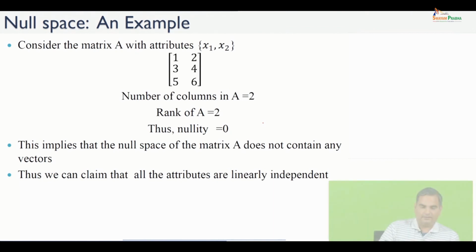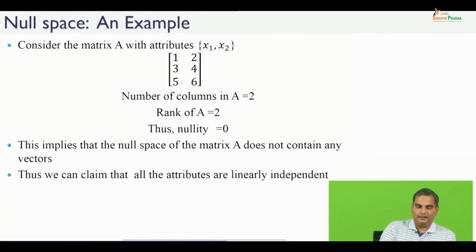Let us take a matrix A which is 1 3 5 2 4 6. A quick look at this matrix and the numbers would tell you that these two columns are linearly independent, and subsequently, because these columns are linearly independent, there can be no relationships among these two variables.